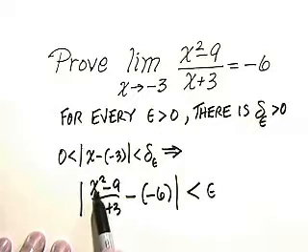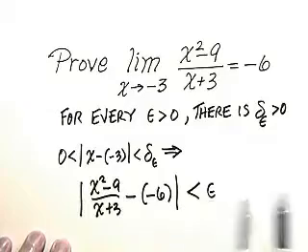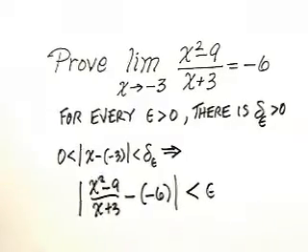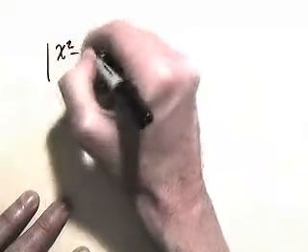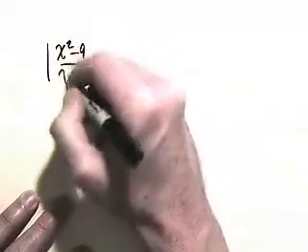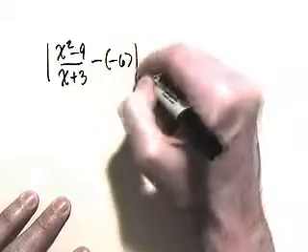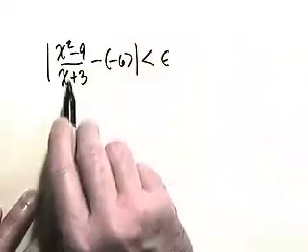Okay, so our inequality is the absolute value of (x squared minus 9) divided by (x plus 3) minus negative 6, less than epsilon. So let's start simplifying. Let's factor the numerator here. So that's (x minus 3) times the quantity (x plus 3) all over (x plus 3).